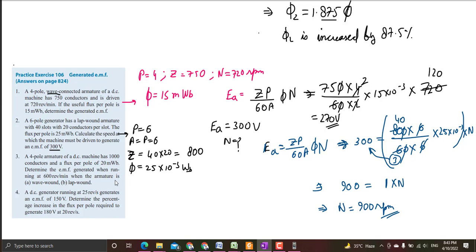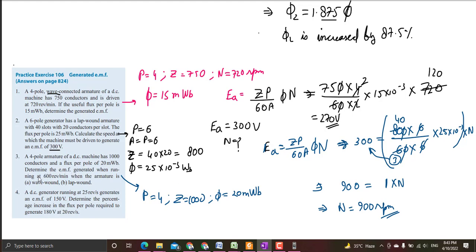Next, see question number 3, the third one. For a DC machine with 1000 conductors, Z is equal to 1000, and flux per pole phi is 20 milliweber, so 20 into 10 to the power minus 3.